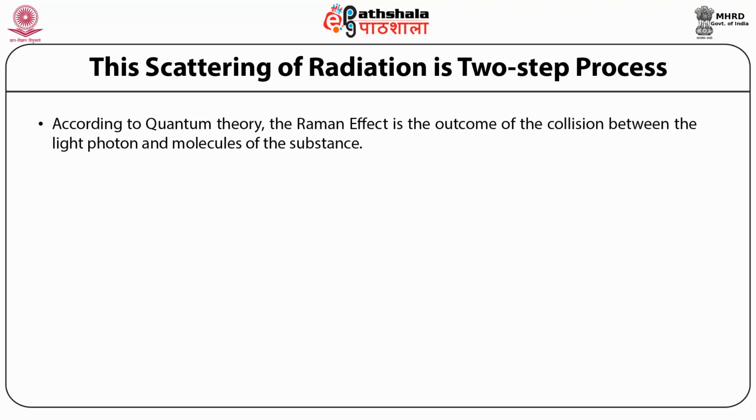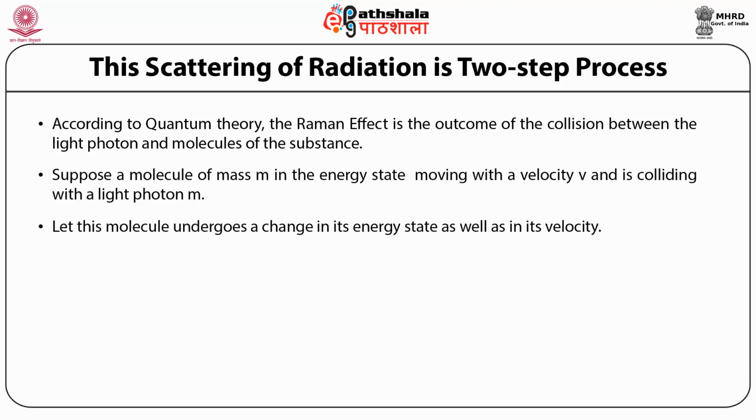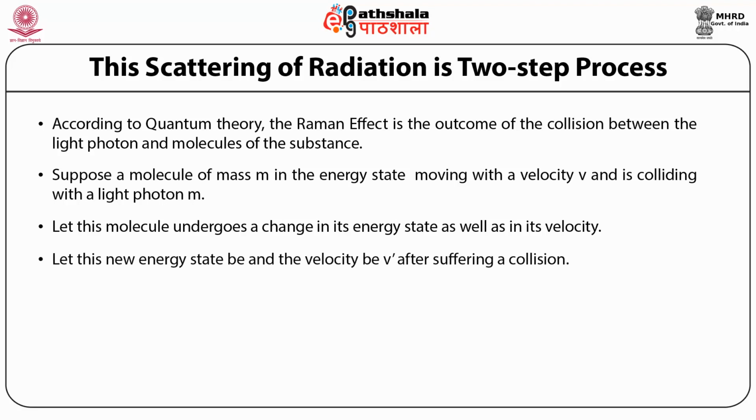According to quantum theory, the Raman effect is the outcome of the collision between the light photon and molecules of the substance. Suppose a molecule of mass m in the energy state Ea, moving with a velocity v, is colliding with a light photon. Let this molecule undergo a change in its energy state as well as in its velocity. Let the new energy state be Eb and the velocity v prime after suffering a collision.